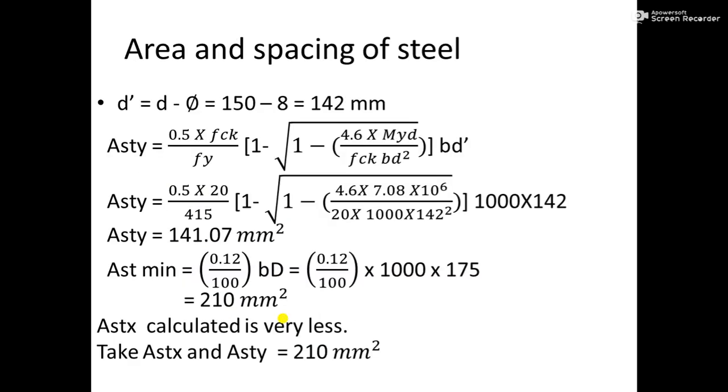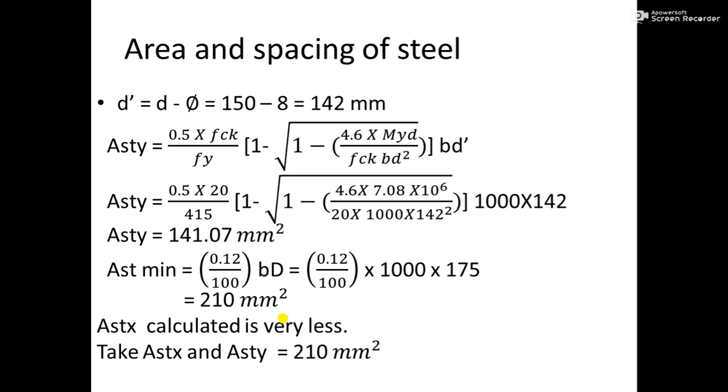Then area and spacing of distribution steel, not distribution steel but it is the secondary steel, because in two-way slab both steels are main steel. But this steel, since it is provided below the main steel along the longer span, its diameter is the main diameter.